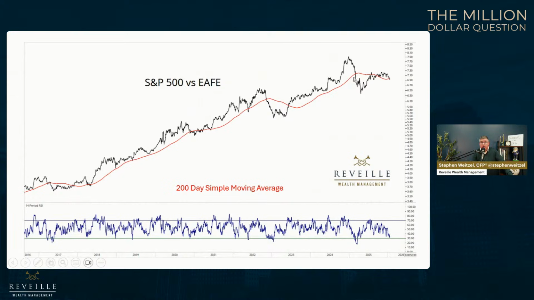Price is the same today as it was back in 2024 in this ratio. But people were wildly optimistic if they said, hey, who wants to take the S&P 500 instead of international stocks? And you had something on the order of 80 people raising their hand.